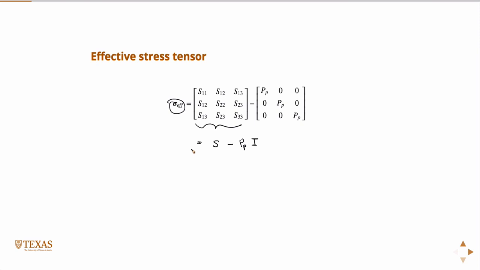So it operates on the stress tensor in an isotropic way, okay, only along, if you remember, we talked about the normal stresses, the hydrostatic stresses, are the ones along the diagonal of the matrix. So of course, if we then transform our total stress tensor into principal stresses, where we only have diagonal entries, then it's just the principal stresses minus the pore pressure. That gives us our effective stress.